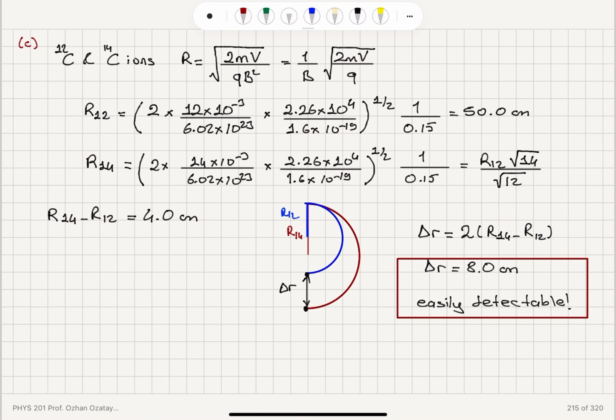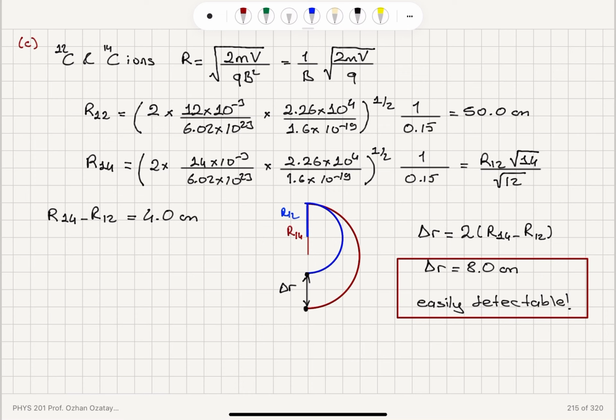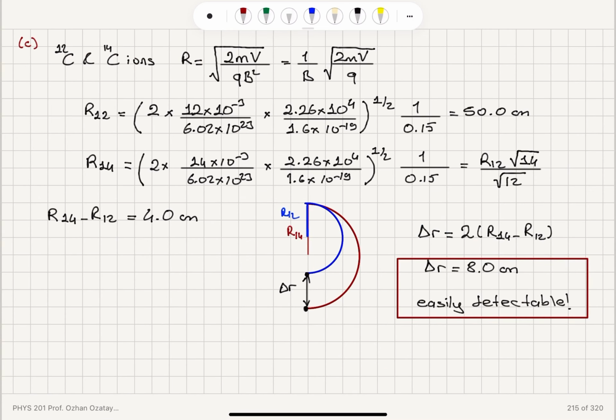Now, if I use carbon-12 and carbon-14 ions, the radius of the semicircle they will draw is the square root of 2mV over qB squared. For R12, in part B, I determined that this should be 50 centimeters.